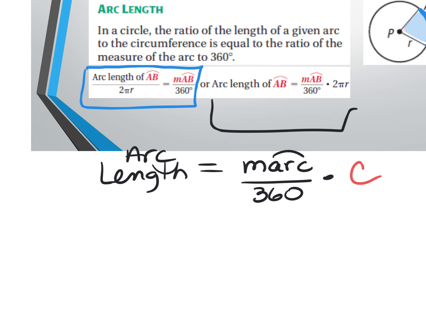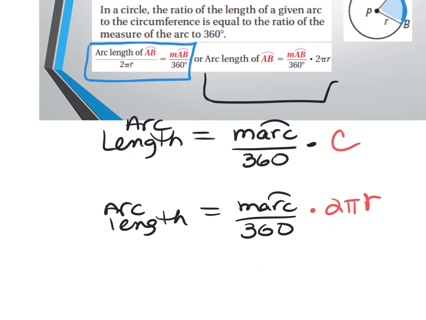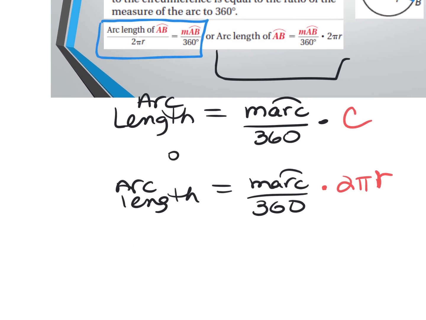So then what we'll do here is the arc length is equal to measure of the arc over 360. And let's say instead they've given you a radius. So instead of putting capital C there, I'm going to put the formula for circumference, which is 2 times pi times the radius. Or, these are all ors depending on your given.